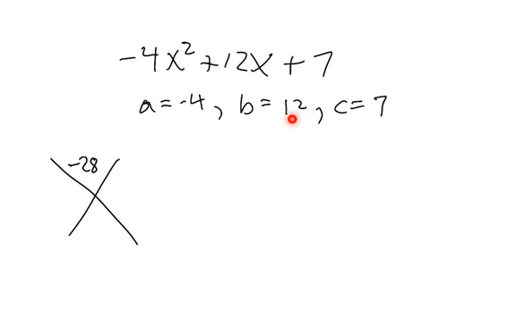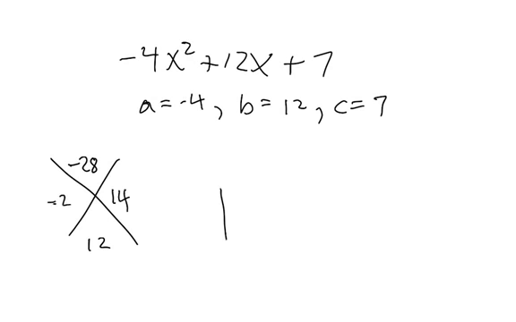Our B value is 12, and we need two numbers that multiply together to be negative 28, but add together to be 12. It turns out that those numbers are negative 2 and 14.